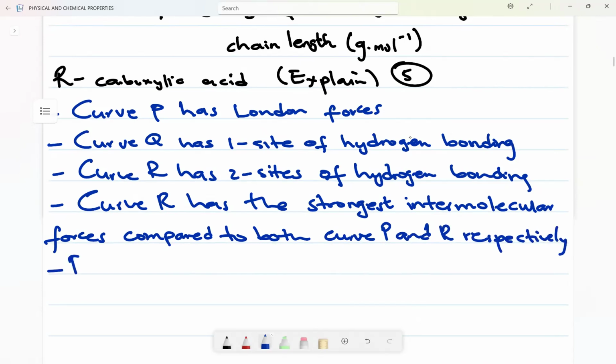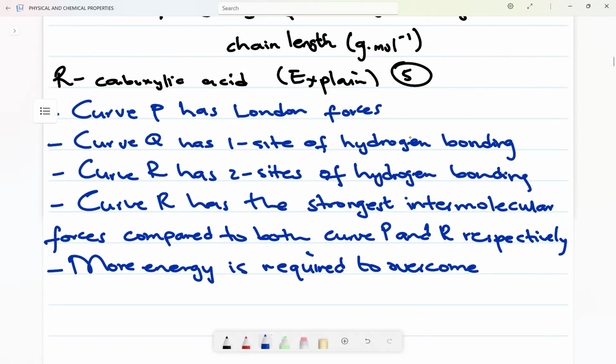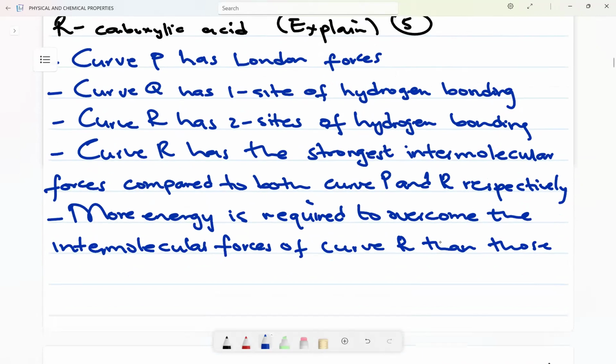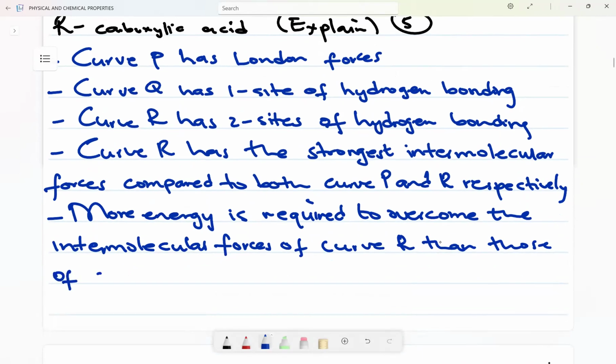Therefore, more energy is required to overcome, not break, to overcome the intermolecular forces of Kev R than those of Kev P and Q, respectively.